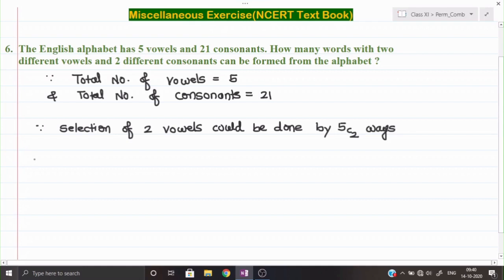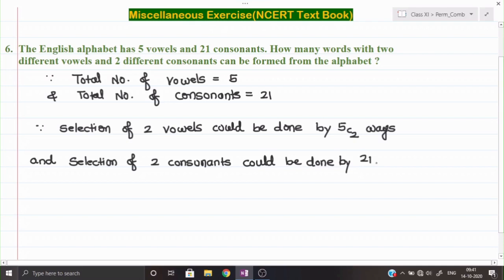And selection of 2 consonants could be done by 21C2 ways.